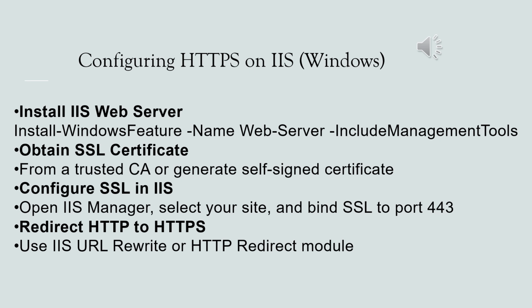You would do this by using one from a trusted CA or generating a self-signed certificate. Next step would be to configure SSL in IIS by opening IIS Manager, select your site, and then bind SSL to port 443, and then redirect HTTP to HTTPS. Use the IIS URL Rewrite or HTTP Redirect module.